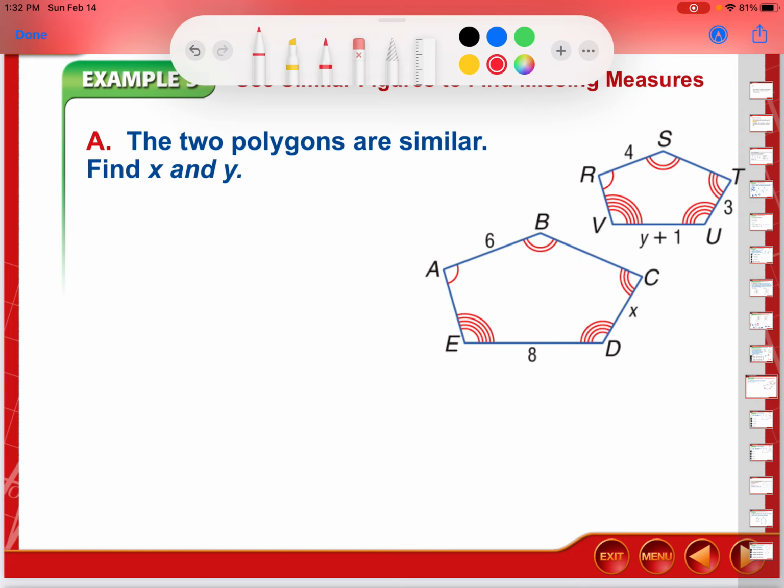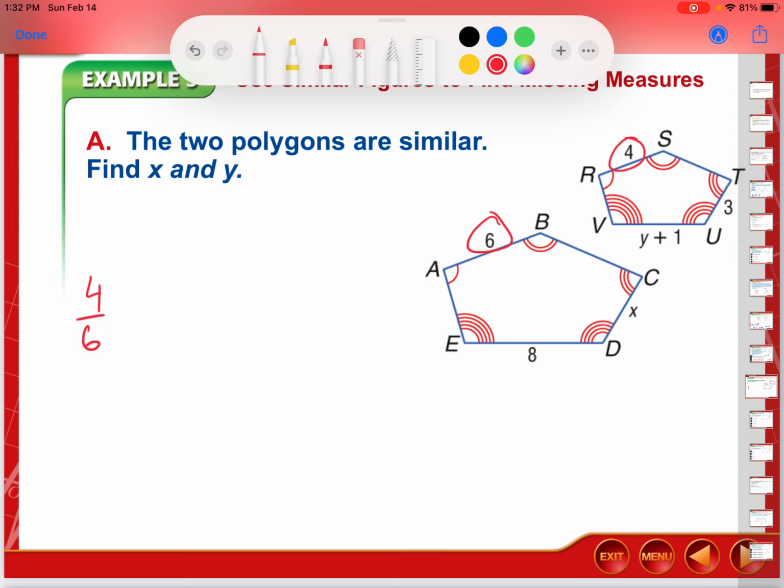That being said, for us to find x and y, we're going to have to set up some proportions. And the nice thing about this problem is they give us RS and AB right off the bat that are proportional. So I can set those up, and using those, I could determine a scale factor.